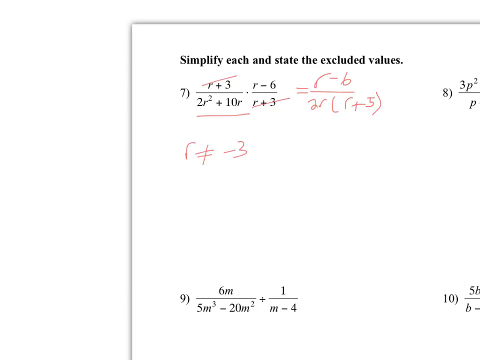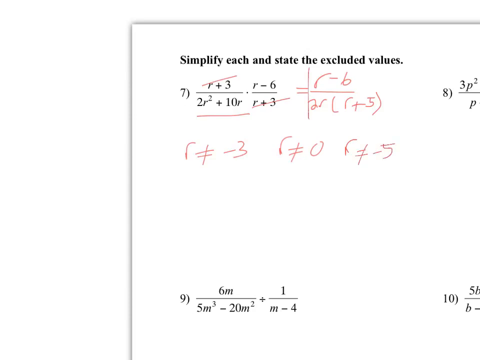Based on what I see here, if 2r is 0, then the denominator is 0, so r cannot be 0. And then again, if r is negative 5, then the denominator would be 0, so r can't be negative 5.